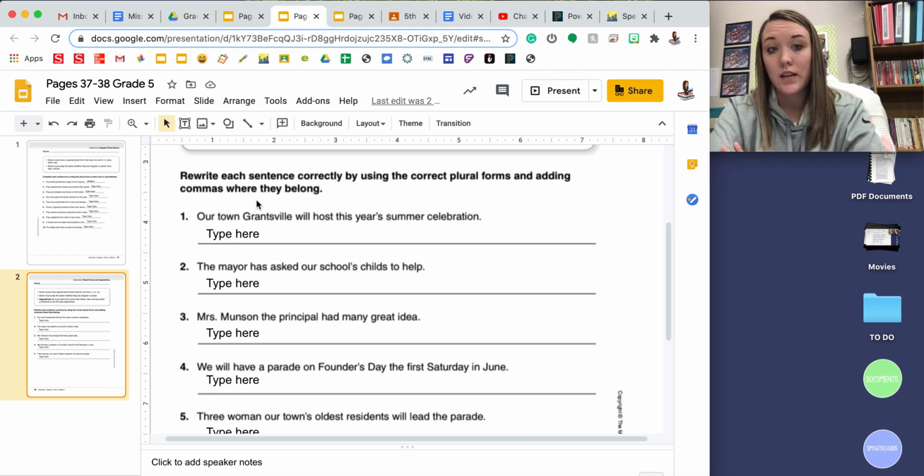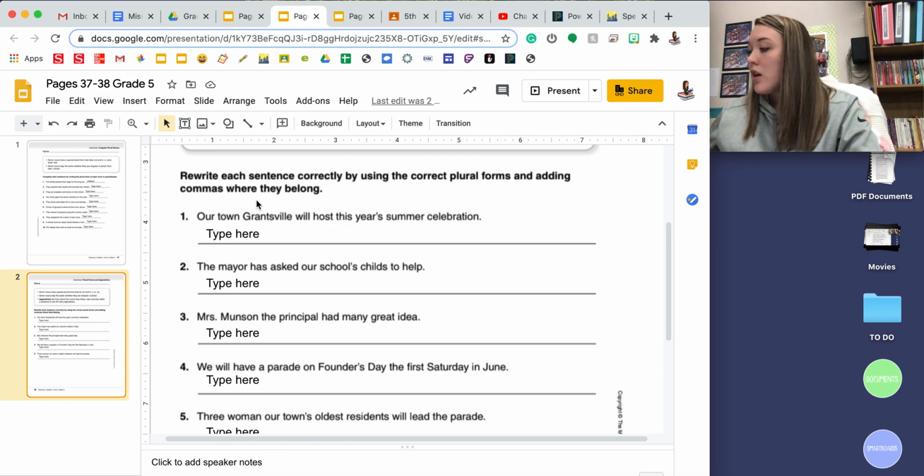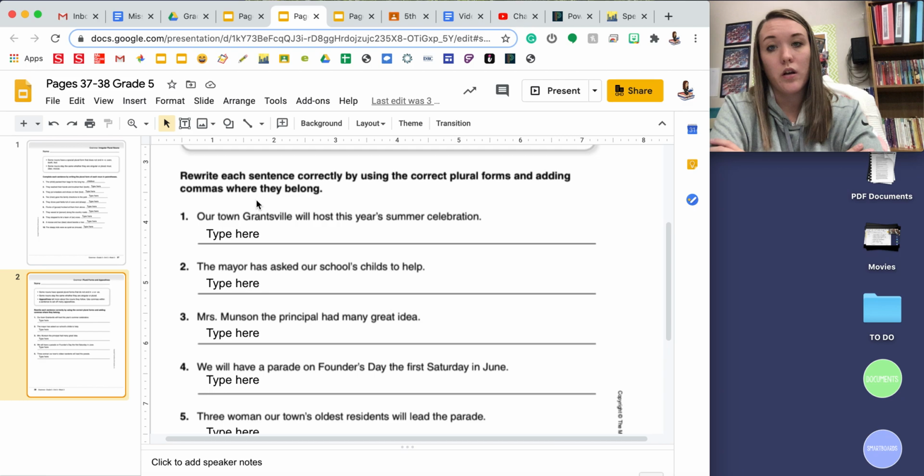So I could read the sentence, our town will host this year's summer celebration. So I need to set off that appositive with commas. So I was missing 2 commas in this sentence.